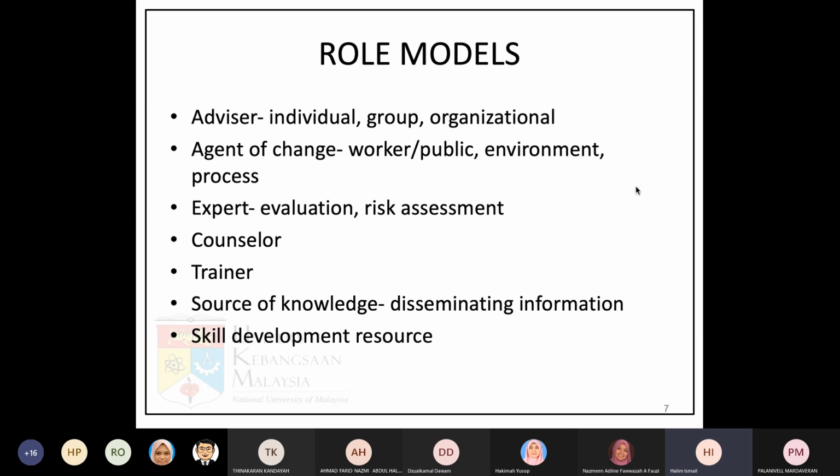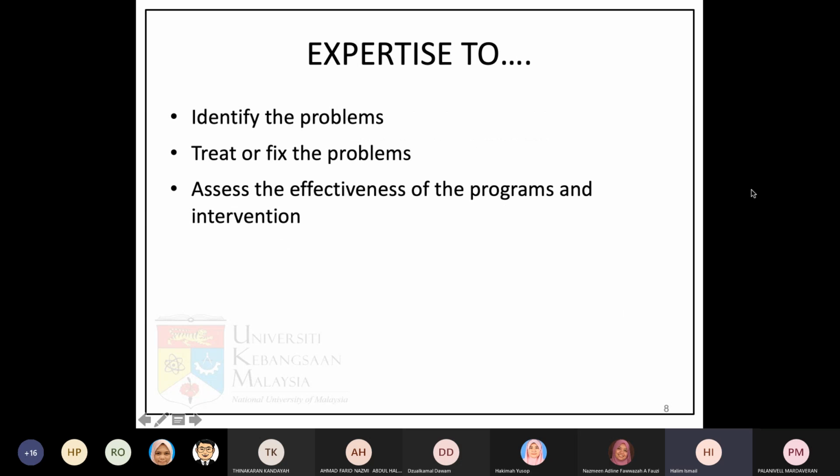They are the ones who provide the skill, teaching the skill to newer practitioners. They should have the expertise to identify the problem, treat or fix the problem, and assess the effectiveness of the program and intervention.